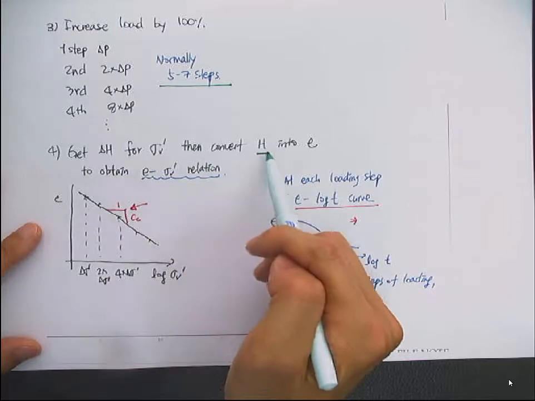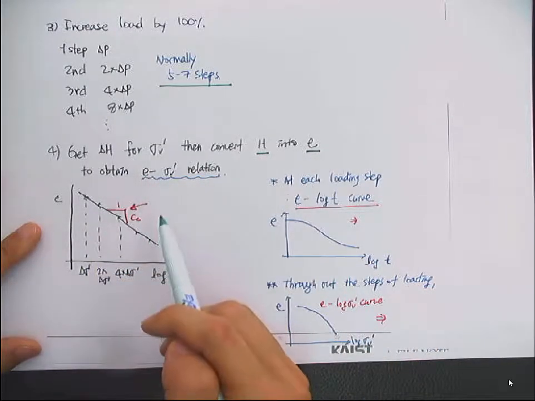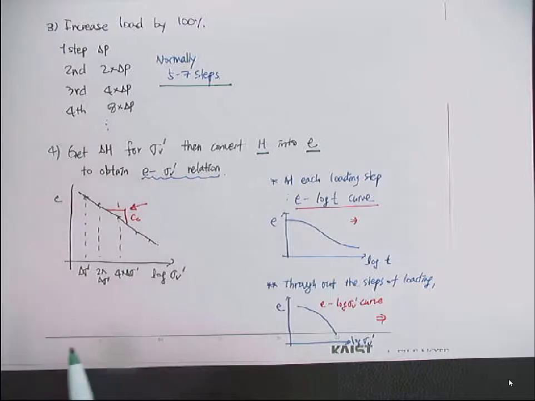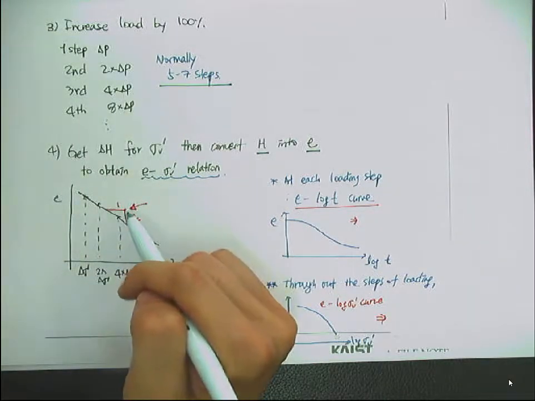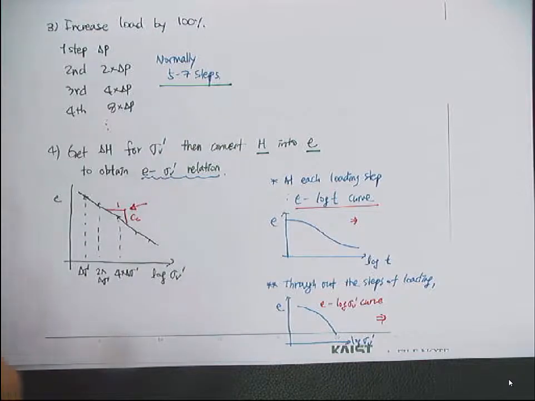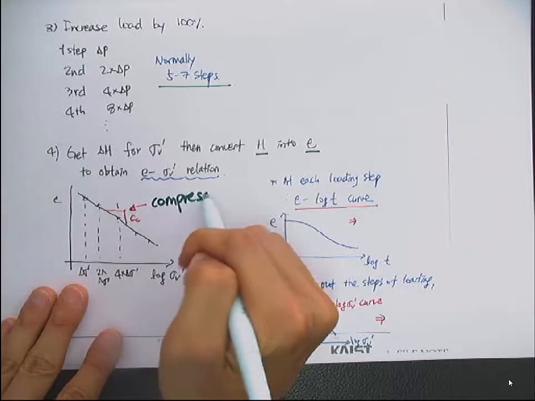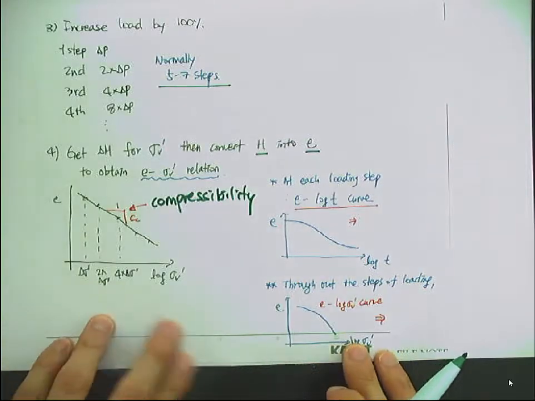Then convert the H into the void ratio, then you can obtain the e and vertical effective stress relations, like this curve. The slope of this e versus vertical effective stress curve is called the compressibility.